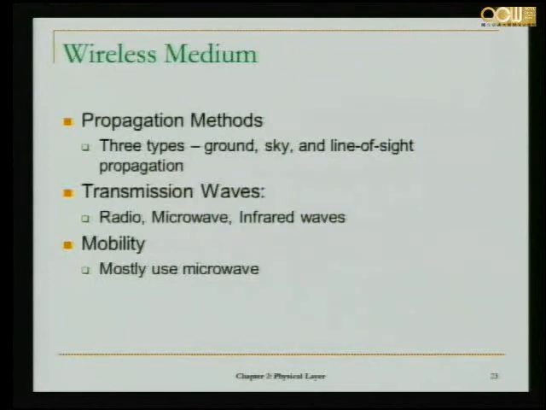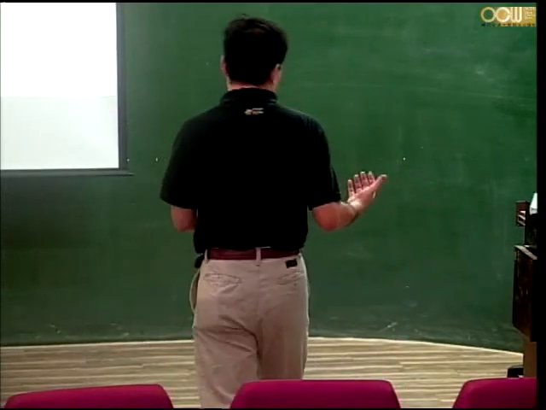You need to pinpoint. The antenna, the sender and receiver need to point to each other when you have that kind of high frequency. Like infrared, which we use at home, your remote control uses infrared. So if somebody is standing between you and the TV, then your remote control doesn't work. It doesn't bypass the obstacle, because of its high frequency.